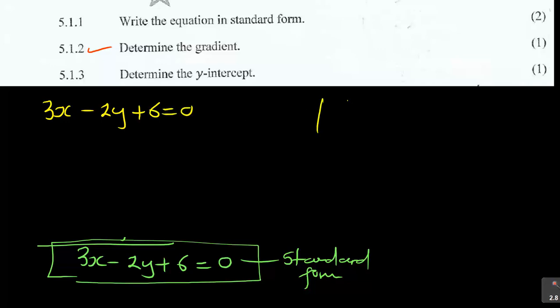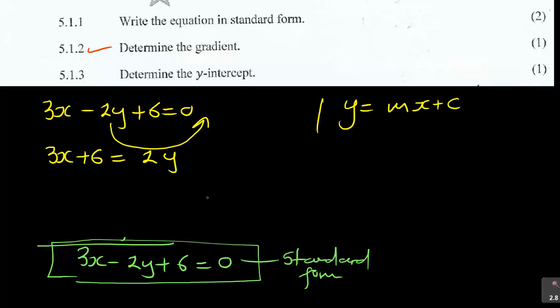Now the equation must be in the form y is equal to mx plus c for me to get the gradient. So what I'll do, I can take y to the other side, which gives 3x plus 6 is equal to 2y. You see that? Then you divide by 2: 3x over 2 plus 6 over 2 is equal to 2y over 2, so that I have only y remaining.